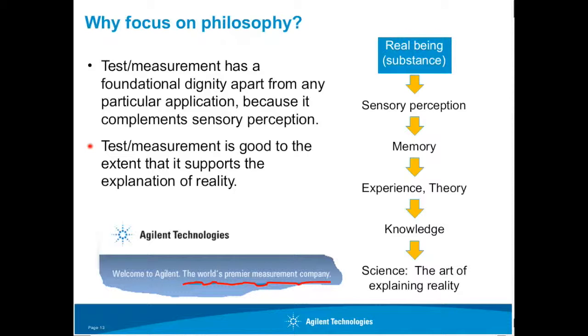Well, my own standard, and the standard that I hope to uphold in this class, is that test and measurement is good to the extent that it supports the explanation of reality. So Agilent's claim is that we are the world's premier measurement company, and I hope that our customers hold us accountable to that claim by challenging us to bring products and processes to the market that really do support the explanation of reality.